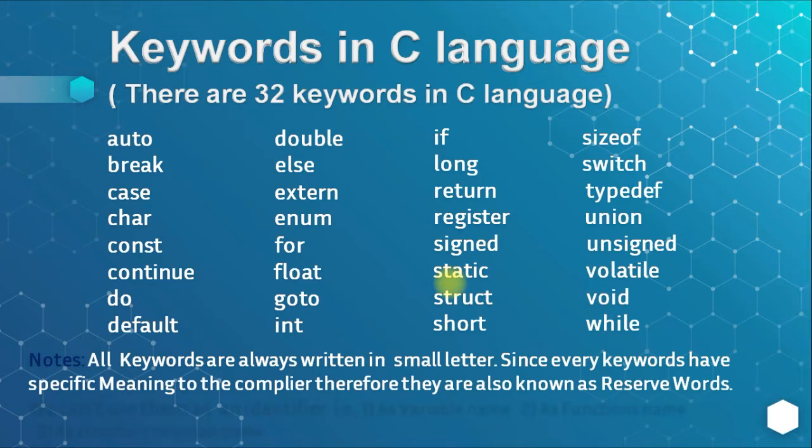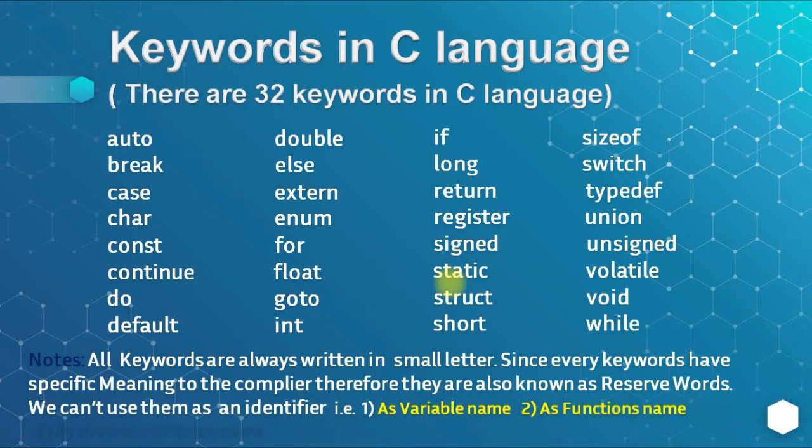Means we cannot use them as an identifier, that is, as a variable name, as a function name, or as a structure or union name. So one thing to remember, all keywords are always written in small letters. No letters can be capital.